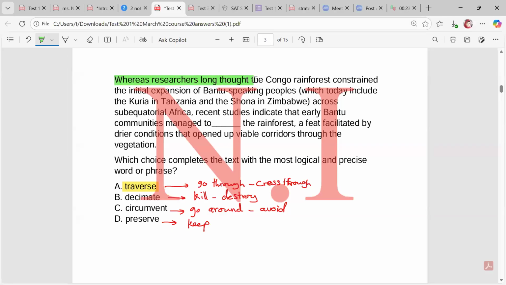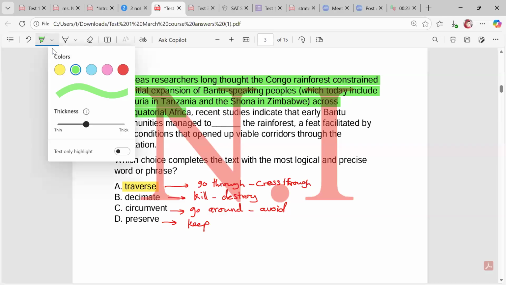Whereas researchers long thought that the Congo rainforest constrained the initial expansion of Bantu-speaking peoples, which today include Kikuyu and Tanzanians, and Shona in Zimbabwe, across sub-equatorial Africa.